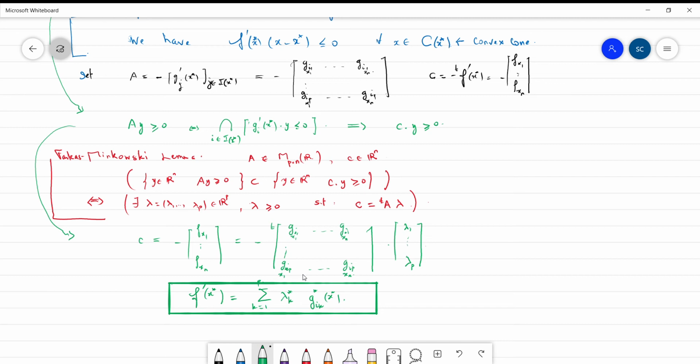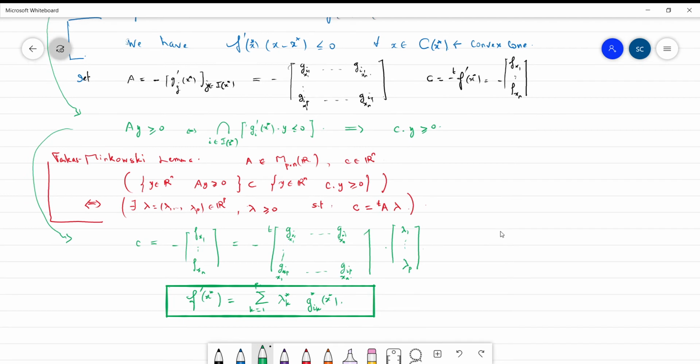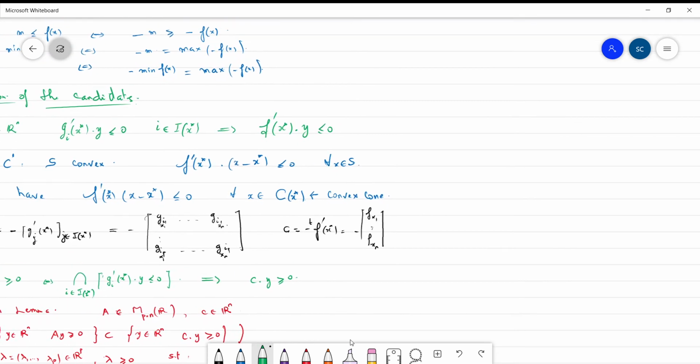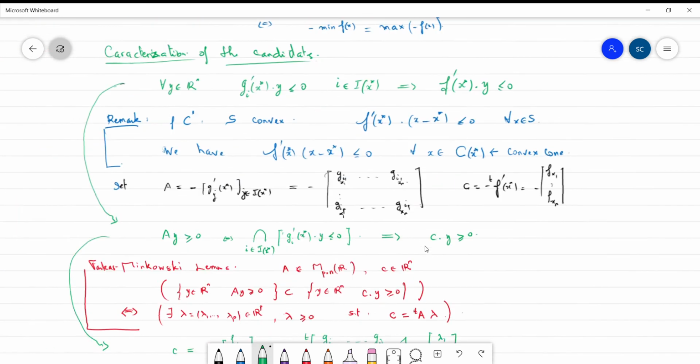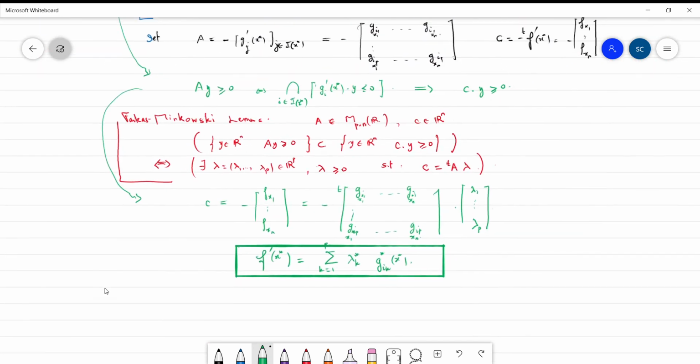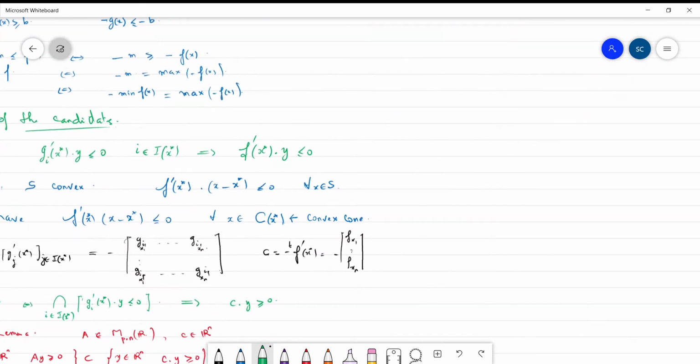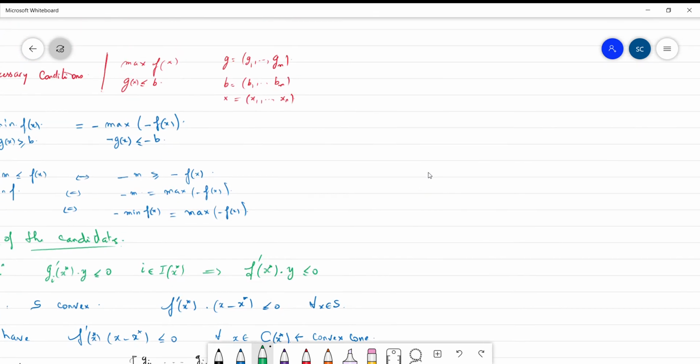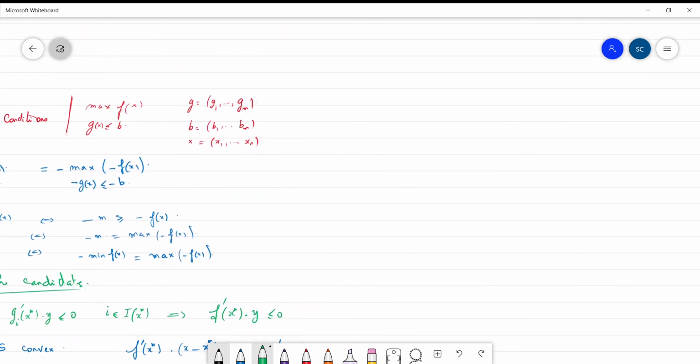So the idea is to add the complementary slackness condition. Let's introduce the complementary slackness condition.